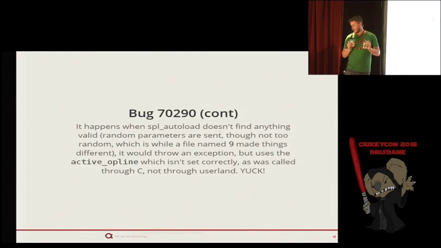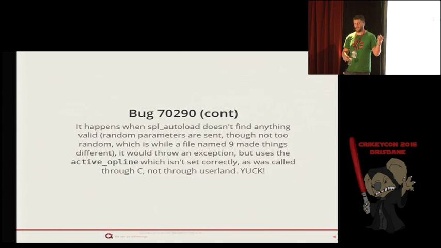So it happens when SPL autoload is looking for something valid, but random parameters are sent in because it's sending to a C function. The C function couldn't find anything, so it just got random stuff off the stack. And that's where the file named 9 came from, because the first argument wasn't random, but the second and further on were random.